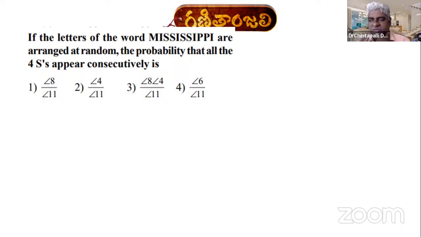Mississippi is a confusing word. How many I's are there? How many S's? How many P's? 4 I's, 4 S's, 2 P's.